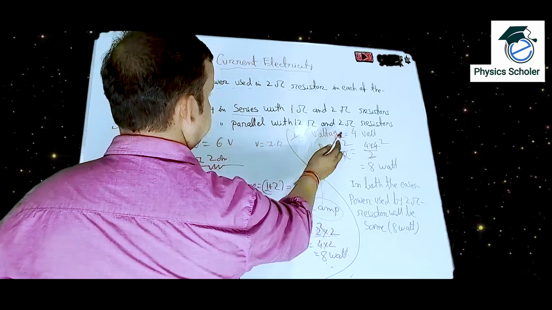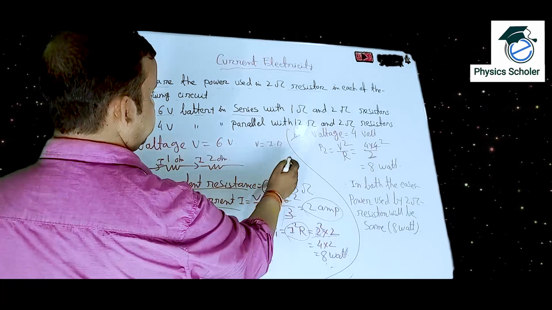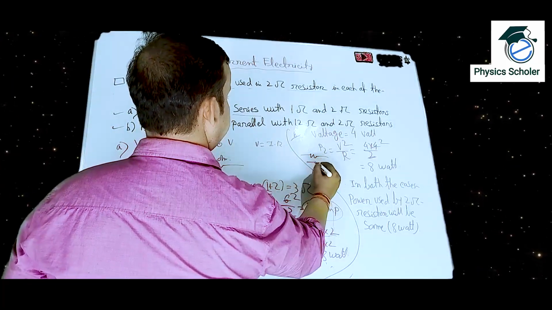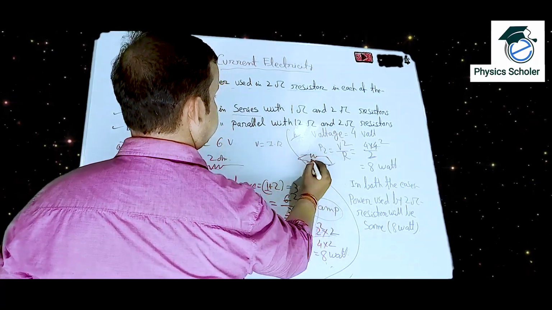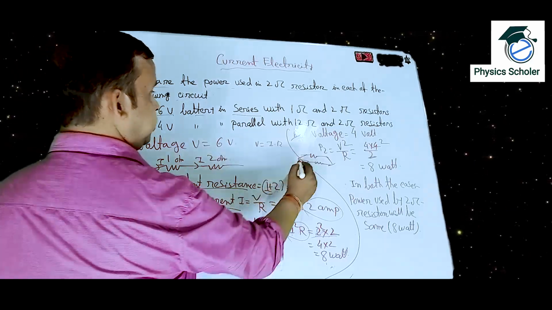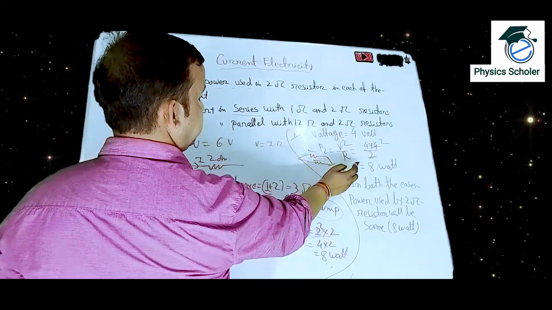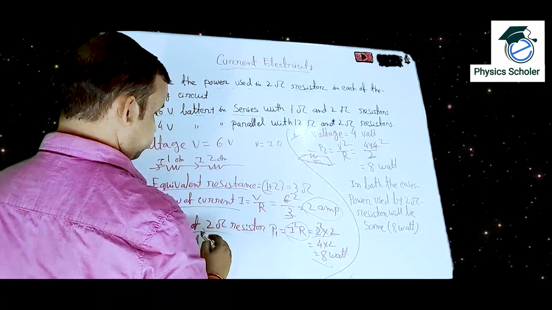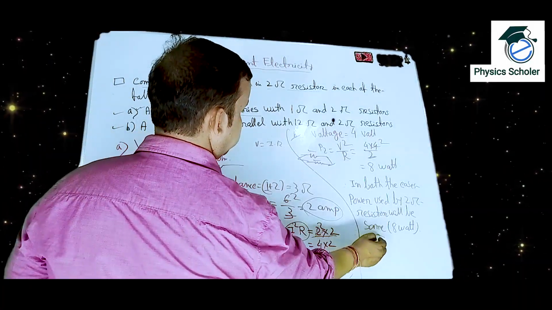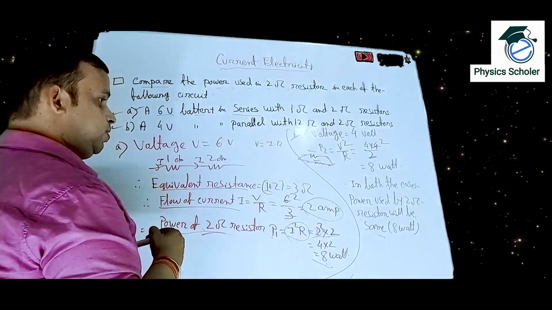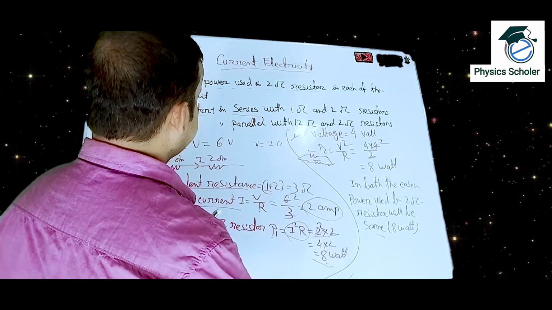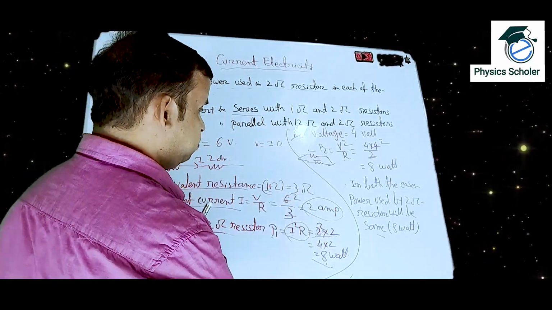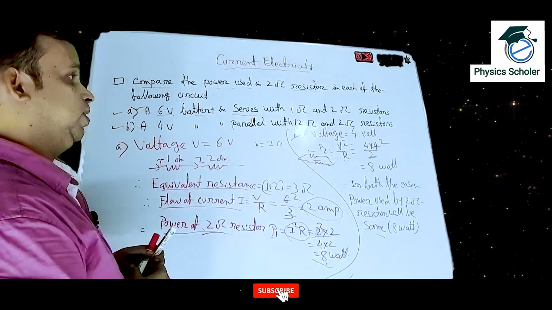Now voltage is equal to 4 volt. Now in case of the parallel circuit, the voltage across each of the resistances will be the same. The voltage across this and this will be the same. So V square by R. So 8 watt. So in both the cases it is 8 watt for the 2 ohm resistor. The power across the 2 ohm resistor, in both the cases, will be the same.